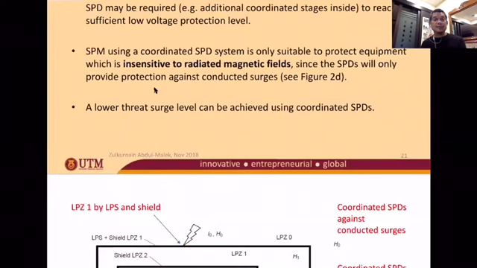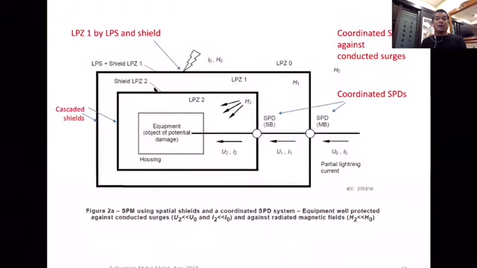But it is coordinated. It means you must make sure the first one, for example at the main board, and the second one at the switchboard, have SPDs which are reducing in coordination. So you reduce it in a coordinated manner.